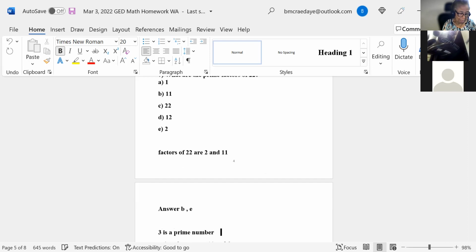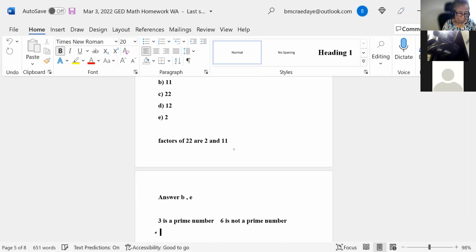What about 6? No, 6 is not a prime number, because the factors of 6 are 3 and 2.